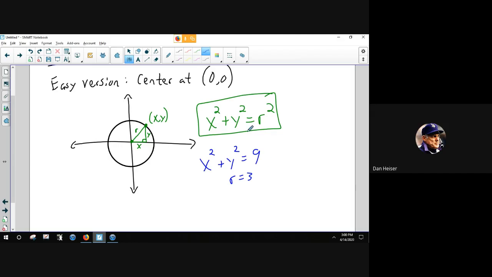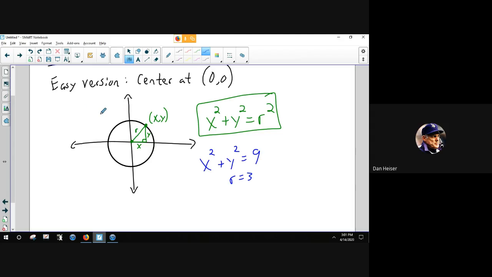And again, notice the form of this equation. It's x and y on the same side. The reason we don't write this as y equals something is because this is not what's called a function. And that's a topic that you're going to spend a lot of time studying in Algebra 2, the concept of function.